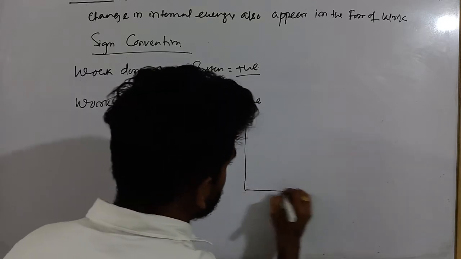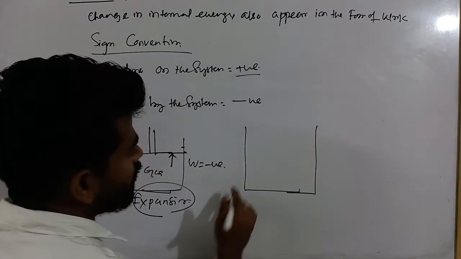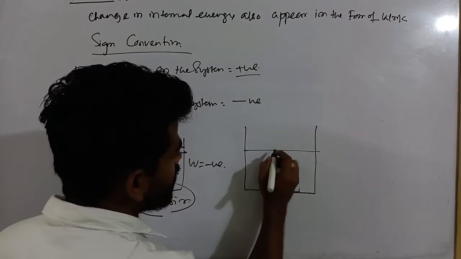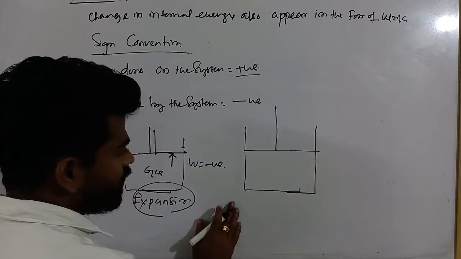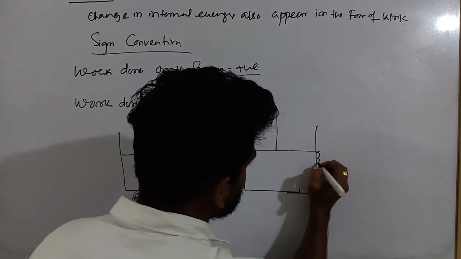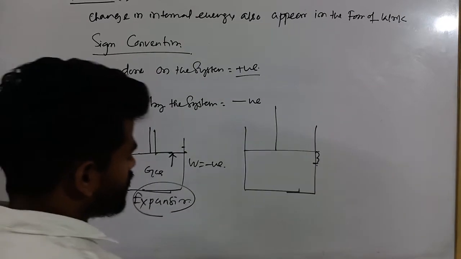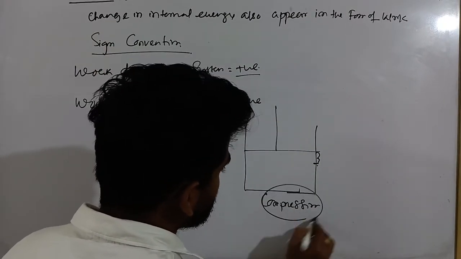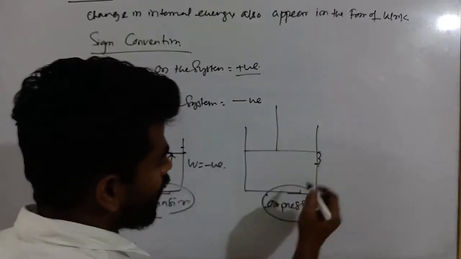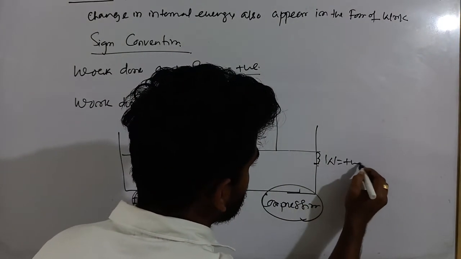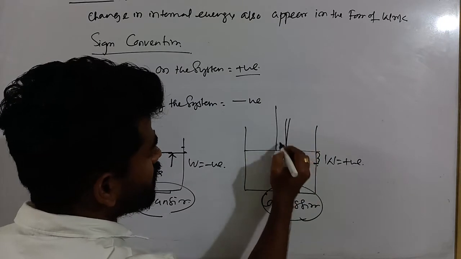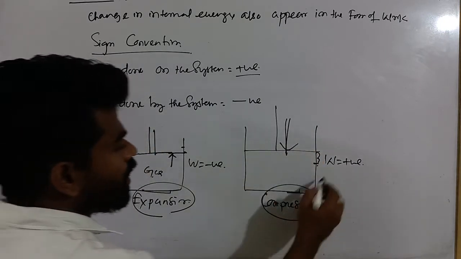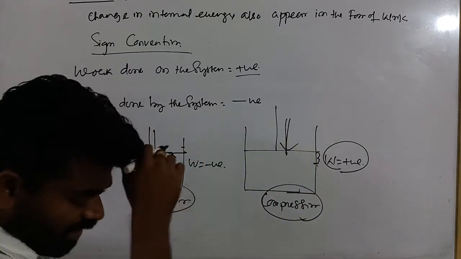If the case is reverse, this is one container and certain gas I have considered, fitted to a piston. Suppose the piston moves downward so that volume decreases. I am considering compression. The gas is compressed. So here work done on the system, W, will be positive. So this is the sign convention.